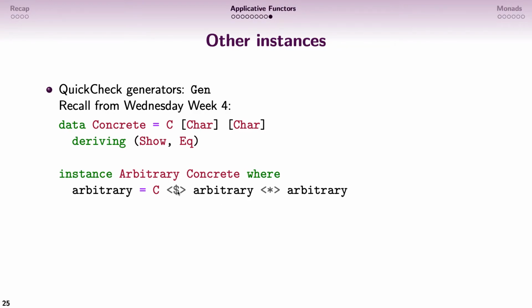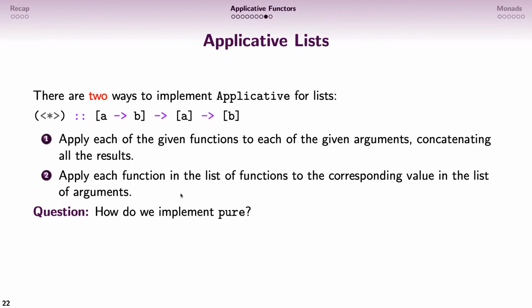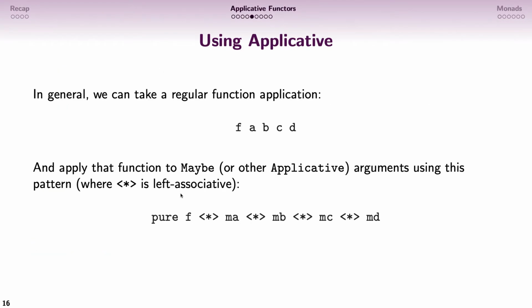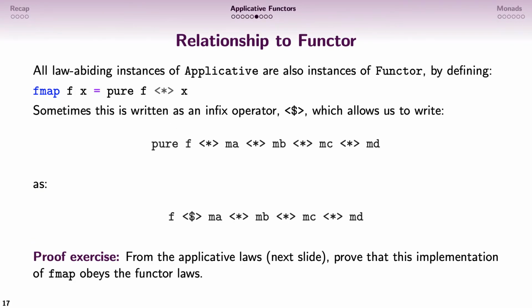So this $ operator here, if I go back, I think I skipped over this before. The $ operator here is equivalent to writing pure f star of this, or similarly fmap. It's the same thing as fmap. So we can say f applied to all of these arguments, right? And that's what the $ operator helps us do, rather than write pure f star ma star mb star mc and so on.